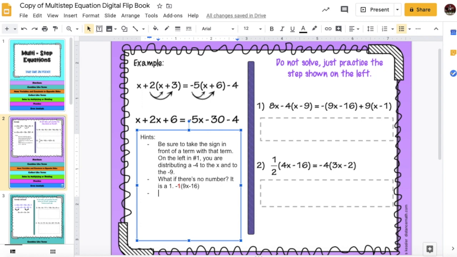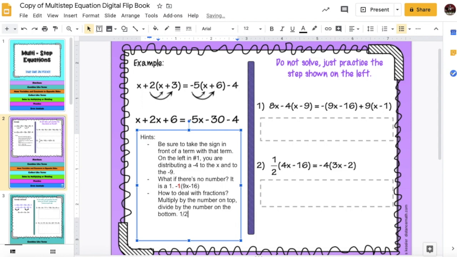All right, how to deal with fractions? Well, luckily this case isn't too bad because 1/2 times 4, that's the same as taking 1 times 4 and dividing by 2. 4 divided by 2 is 2. And then this will be 1 times a negative 16 divided by 2. So we multiply by the number on top, divide by the number on the bottom.